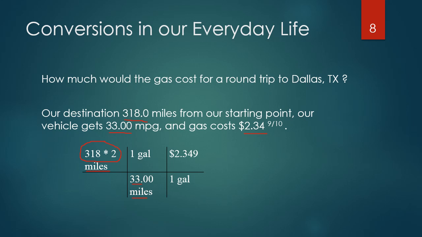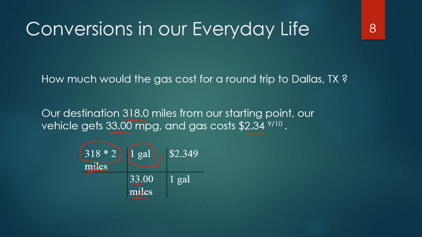And I want the miles on opposite sides of this horizontal line. So by putting my 33 on the bottom, I'm canceling out my miles. Now my per 1 gallon, that's going to go on the top. So if I just do this conversion and stop there, what I'm figuring out is how many gallons of gas it's going to take to go round trip to Dallas.